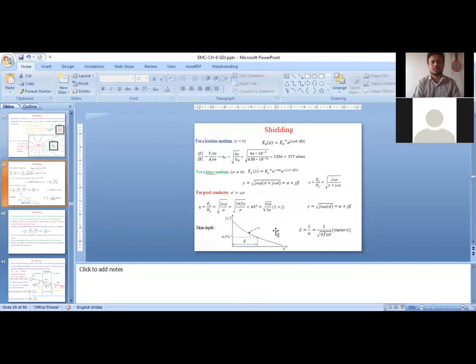So we have discussed the skin depth concept also. What is skin depth concept? Whenever waves are passing in conductor medium, we have to find out the distance traveled by the wave for which the wave amplitude has been reduced to 37% of its maximum amplitude.